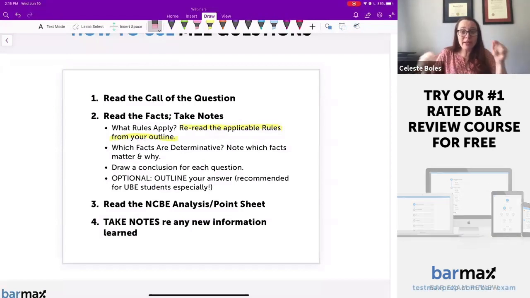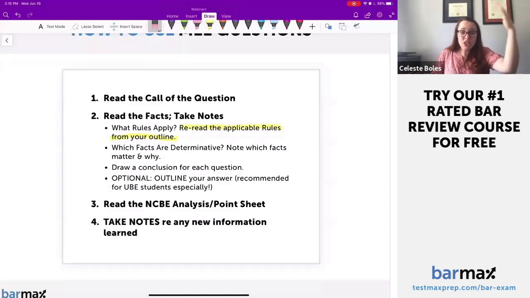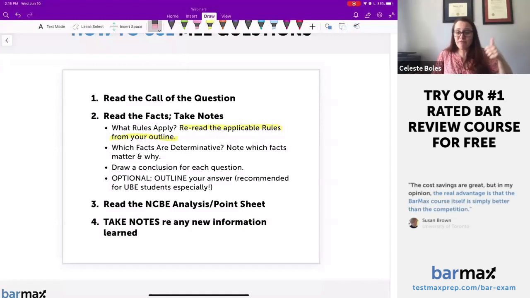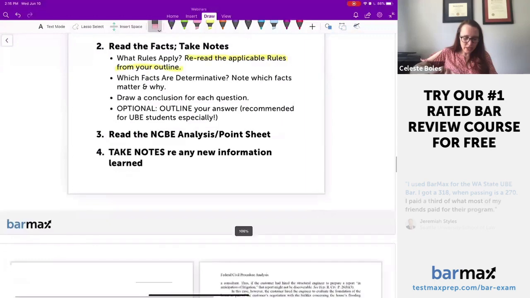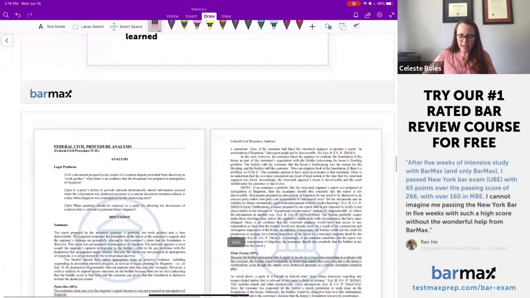Knock yourself out. But if you're not taking the UBE, just find the rules that matter, note the relevant facts, and draw a conclusion for each question. And then, number 3 on this list, go to the NCBE Analysis.